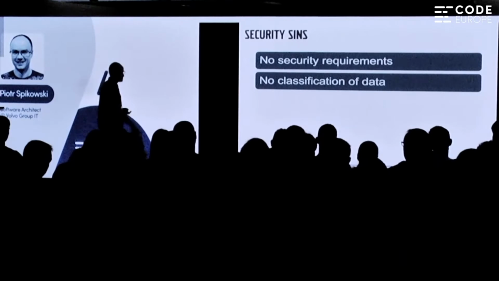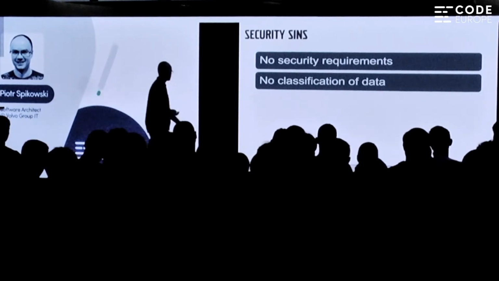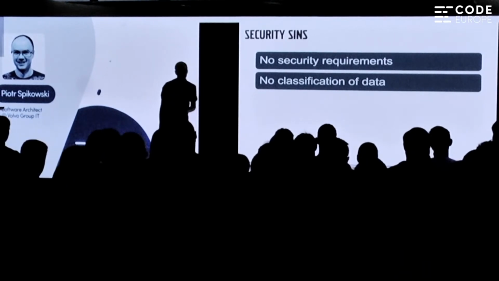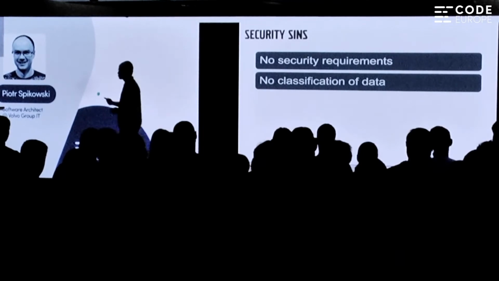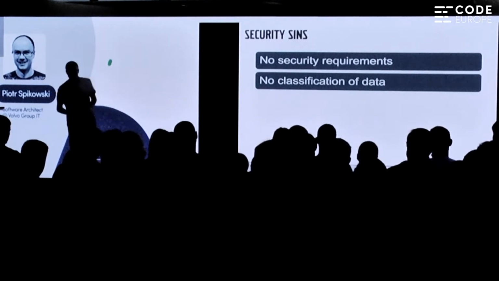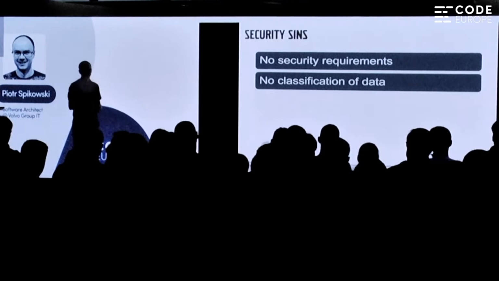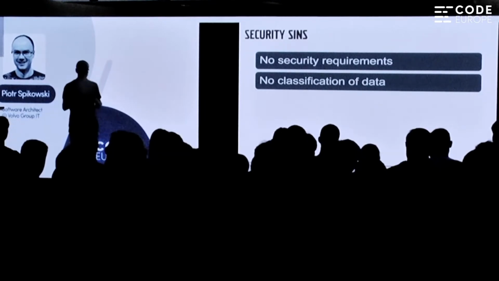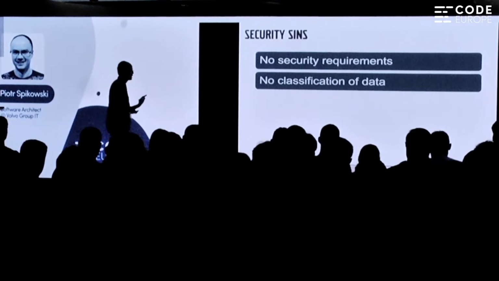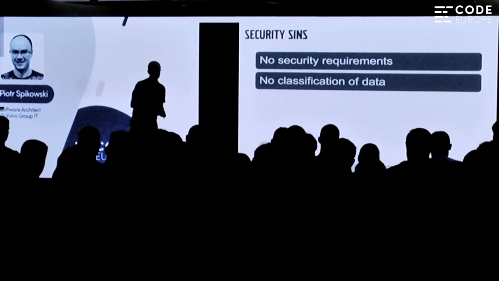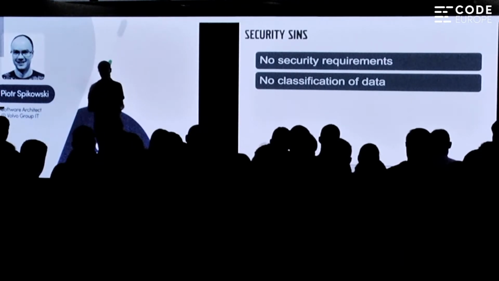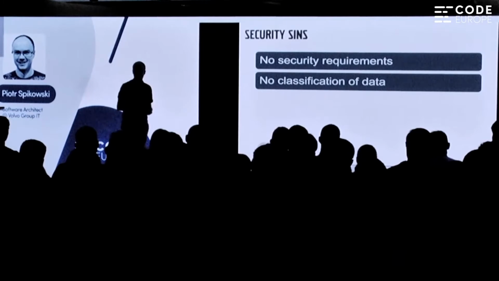You should classify data. So if you have some aggregate roots, entities, you process some information. You should discuss with your customer, should I protect that aggregate, that entity, that information which is represented by that entity or not? Because it's only the business who is able to specify what should be protected.